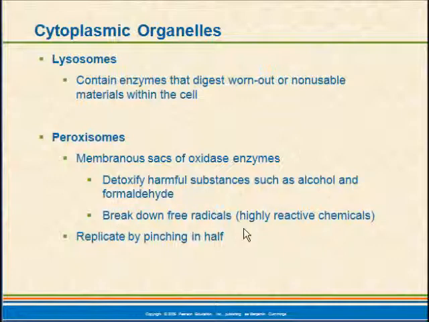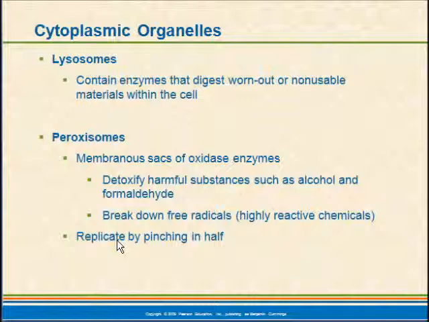Peroxisomes also generate independently, just like the mitochondria. What they do is they bring in substances, they make their oxidase, and when they have a sufficient quantity, they just pinch in two, and now we have two of them, and then those two start to absorb and build new materials, and again, pinch in half as needed.